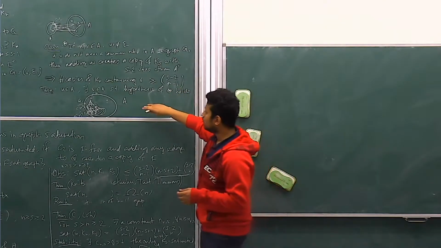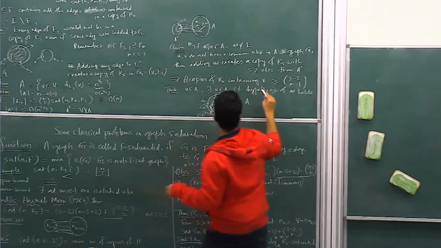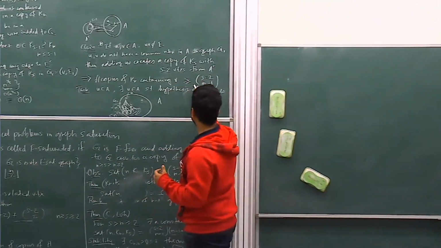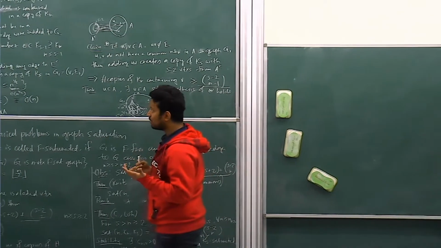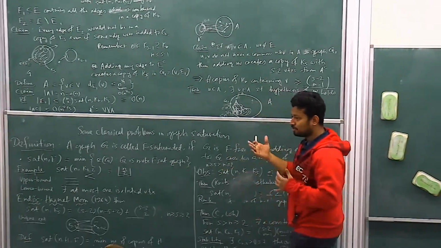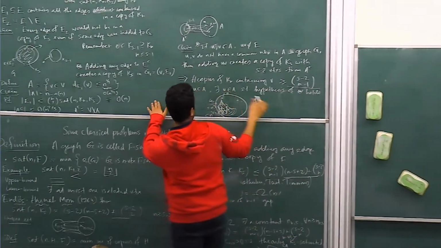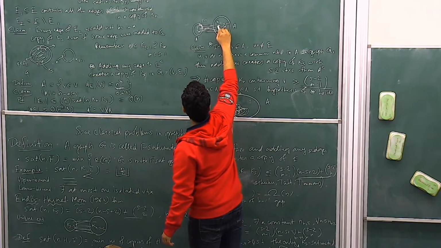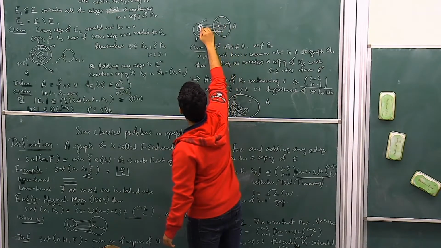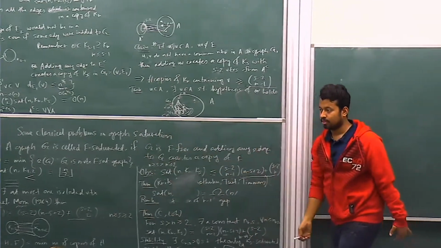For all V in capital A, I have the number of copies of KR at least this, and I'm just adding up. You might be confused because there might be some double counting, but double counting doesn't happen, because when you are counting a copy of KR, all the KRs look like the following: one vertex from A and R minus one vertices from A complementary. So you can never have double counting.